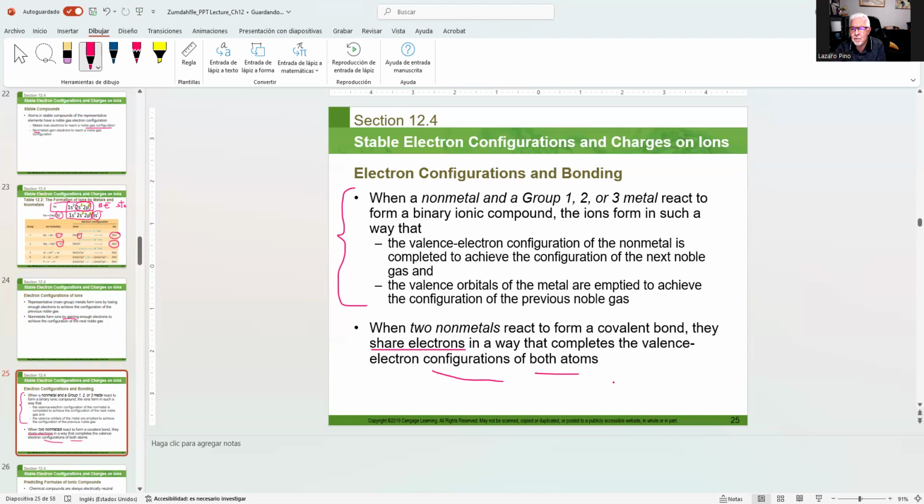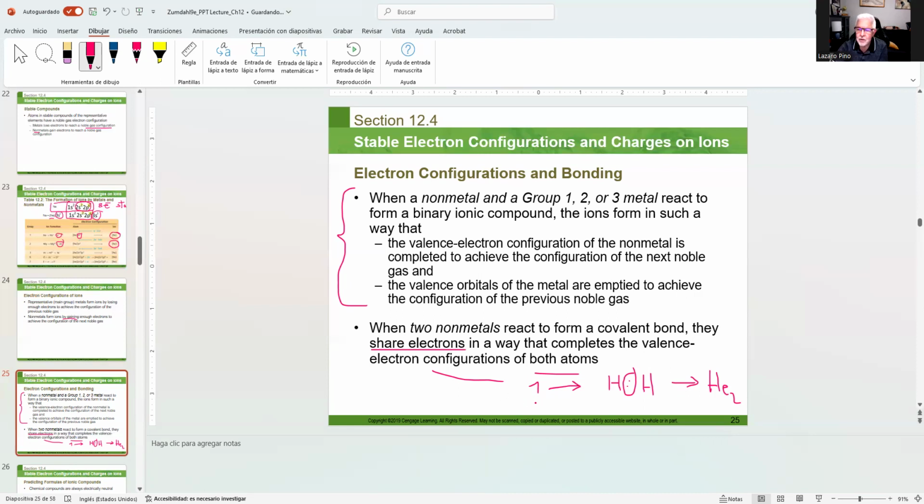For example, hydrogen has 1 electron, and another atom combines with this, and now they have 2 electrons that correspond to the configuration of helium, that is the noble gas in period 1.